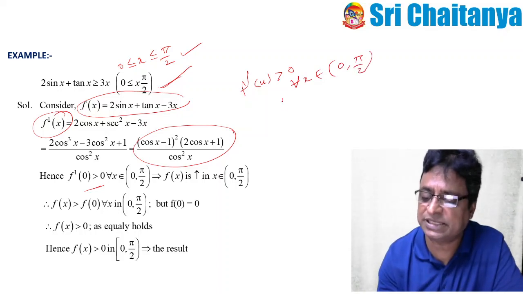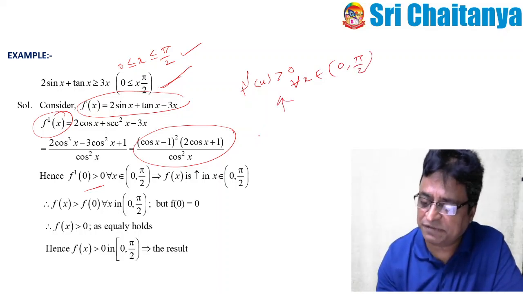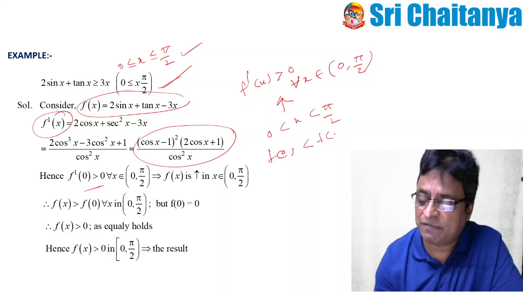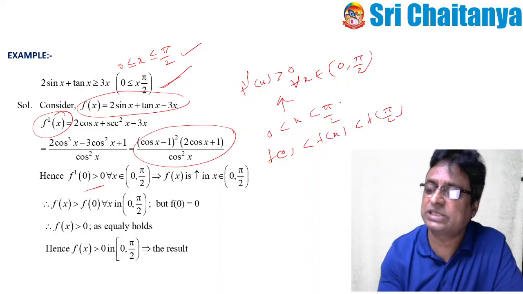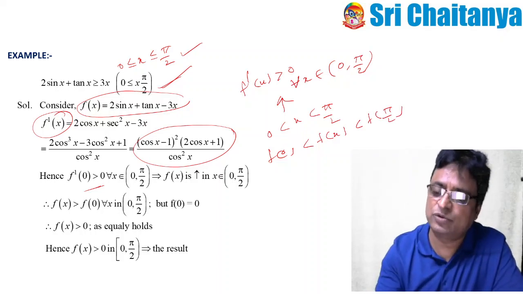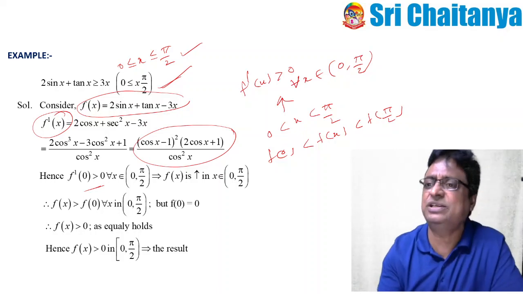Your function is increasing. So as per the definition of increasing, because 0 less than x less than pi/2, f(0) is less than f(x) less than f(pi/2). Because if x1 less than x2 and f(x1) less than f(x2), it is increasing. If x1 less than x2 and f(x1) greater than f(x2), it is decreasing.